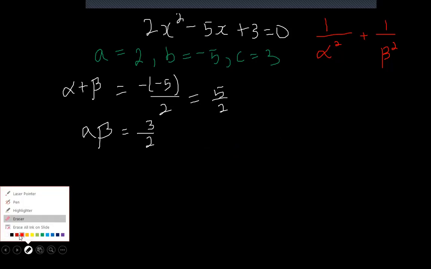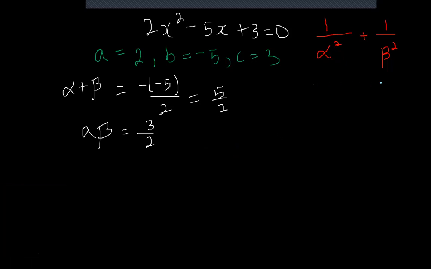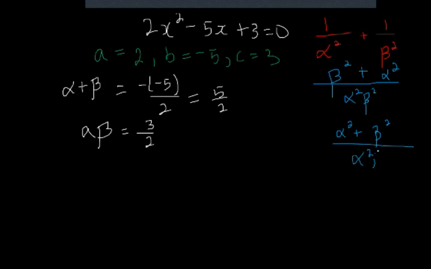If I want to find the LCM here, what would the LCM be? Alpha squared beta squared. So we have alpha squared beta squared in the denominator, and the numerator becomes beta squared plus alpha squared, or we could rearrange this to alpha squared plus beta squared.